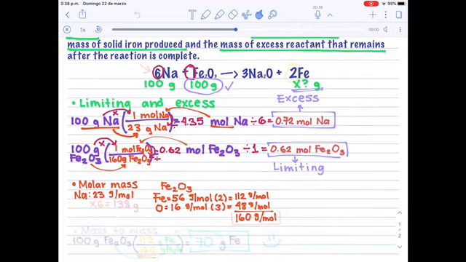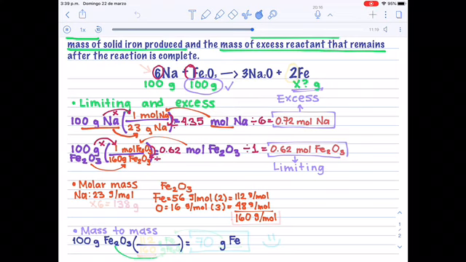We are given grams and we are asked for grams, so we are going to use the procedure of a problem of mass to mass. We need to start with the known, that would be the 100 grams of iron 3 oxide. Then we would write the parentheses with the fraction, and we would end with the grams of iron, that is our unknown. Then we would write inside the parentheses down the grams of iron 3 oxide and up the grams of iron.